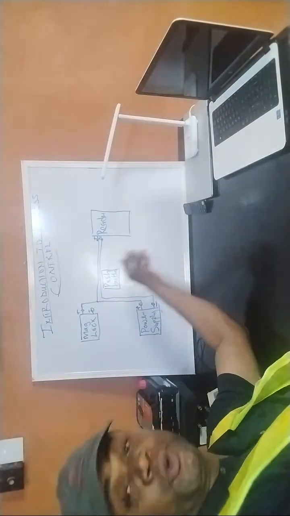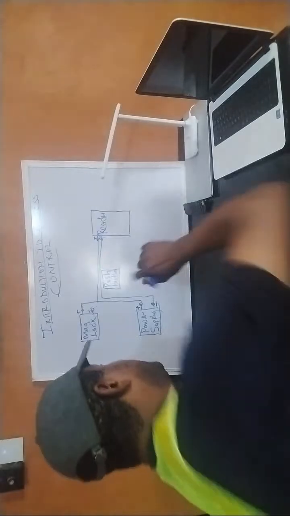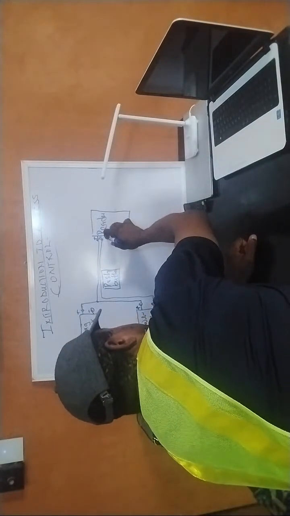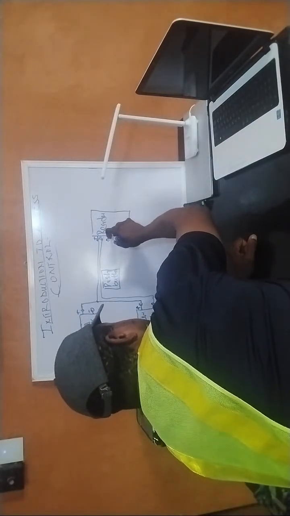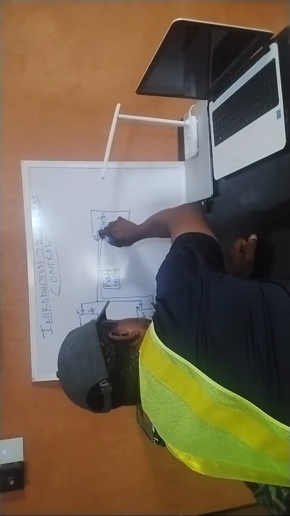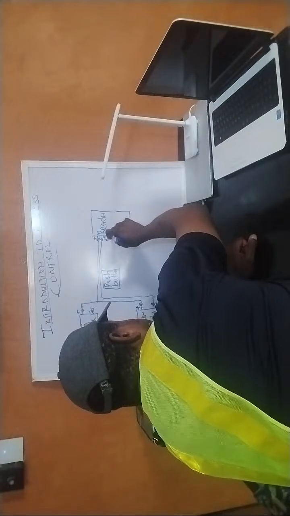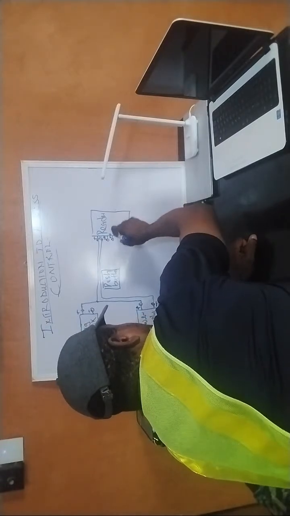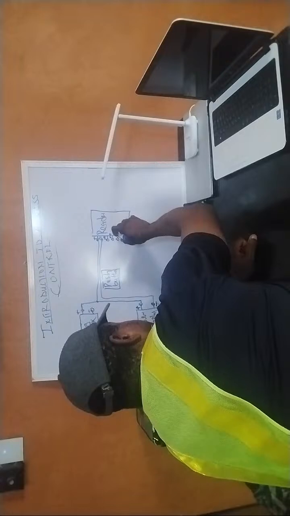Anywhere you see the normally closed terminal, let's assume terminal 3, NC is normally closed. This one is NO, normally open. We have another, let's say push button, they are always two.